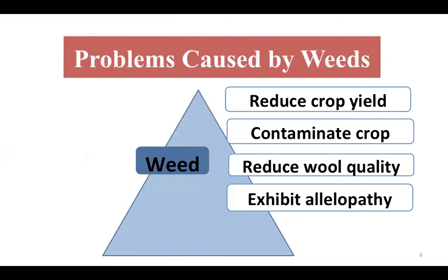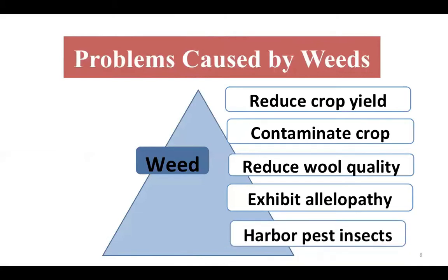So in this way, some weeds have an allelopathic effect, and they may affect the crop plants by synthesizing and releasing toxic or inhibitory substances that interfere with the germination of the crop seeds or subsequently retard the growth of those plants also.